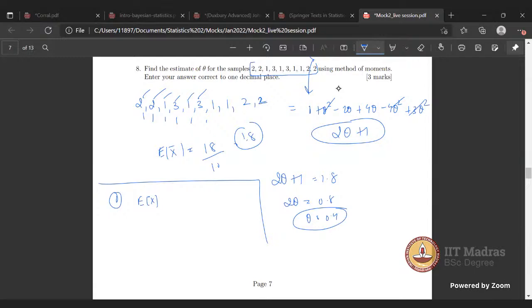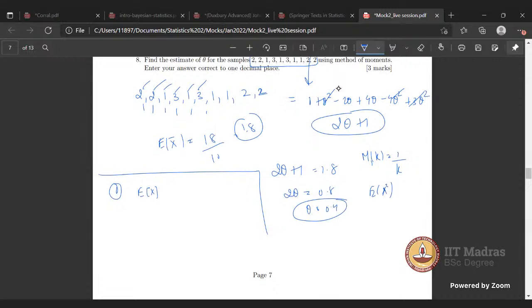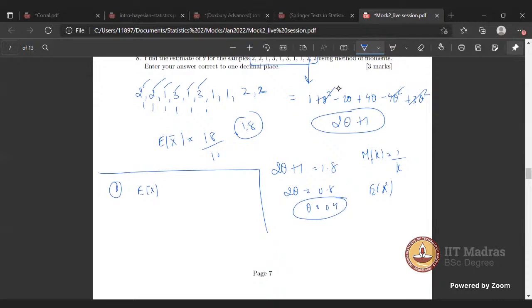Ma'am, like the first mock. But generally, how will you find the kth moment? What function will you integrate? Okay, the first moment is the expectation of x. The second moment is the expectation of x squared. The third moment is 0, and the fourth moment is 3 into variance raised to the power 4.